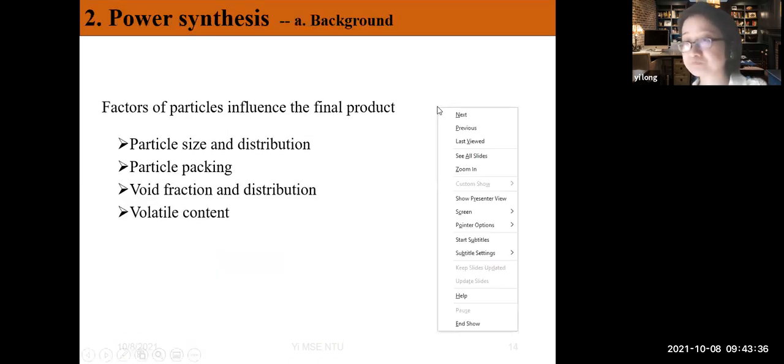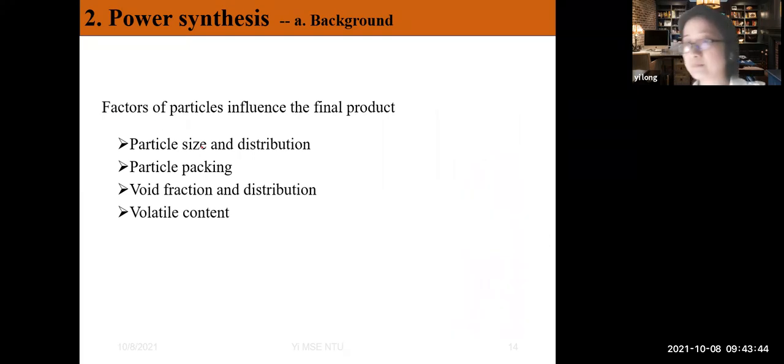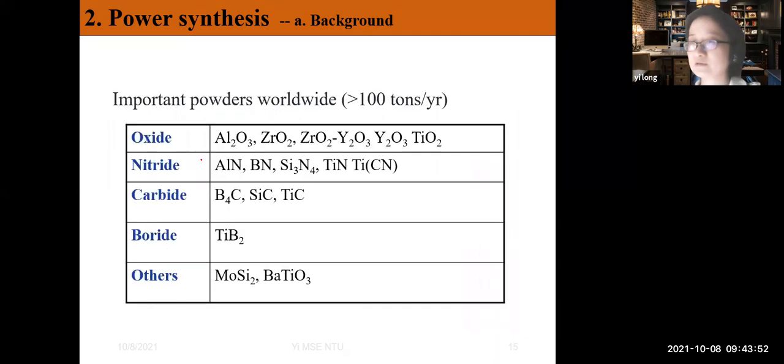Factors of the particles that influence the final product include particle size distribution, particle packing, the void fraction and distribution, and volatile content. And these are important powders, for example oxides like alumina, zinc oxide and titania, and nitrides, carbides, borides and others.